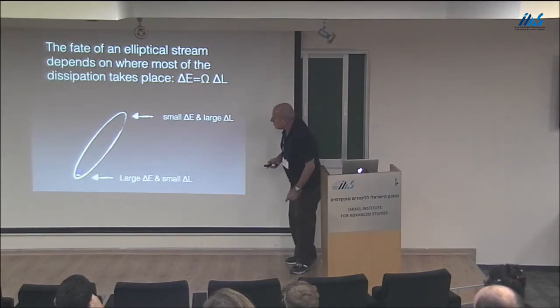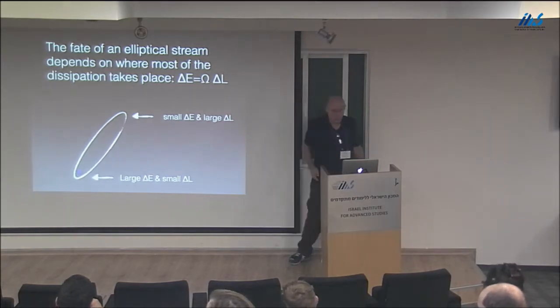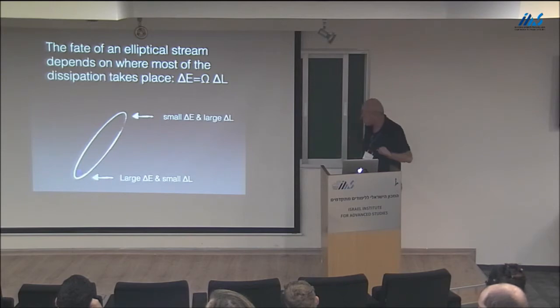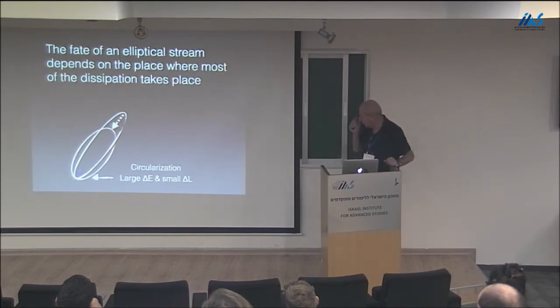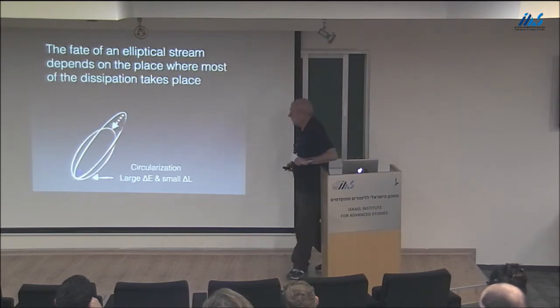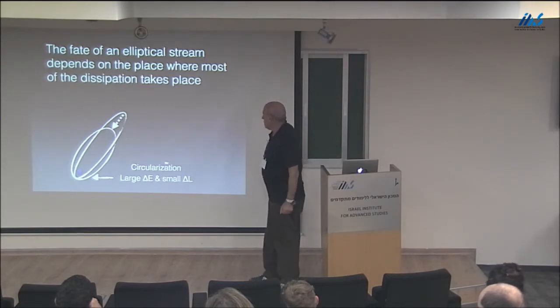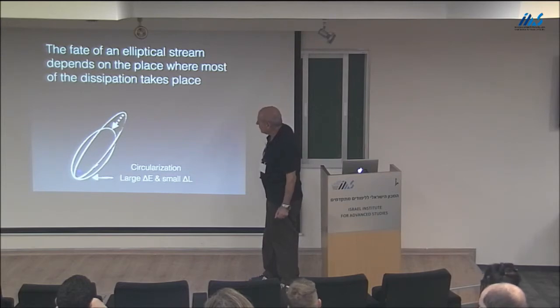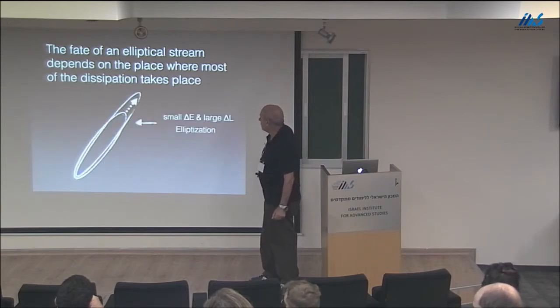If most of the dissipation is here, you dissipate a lot of energy and a small amount of angular momentum. I know that you're standing, I'm just finishing in time. So this is circularization. If you lose a lot of energy, things become more circular. If you lose more angular momentum, things become more elliptical.